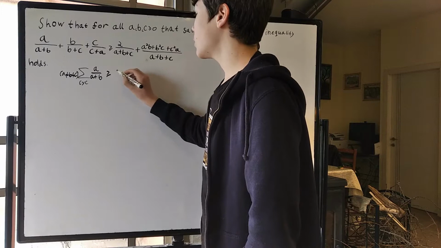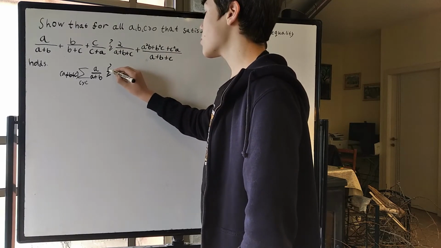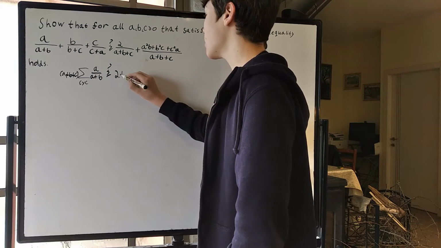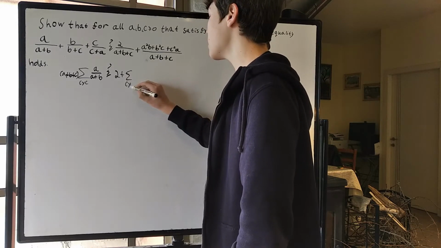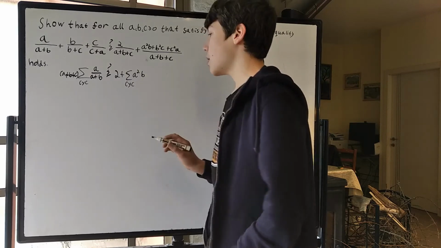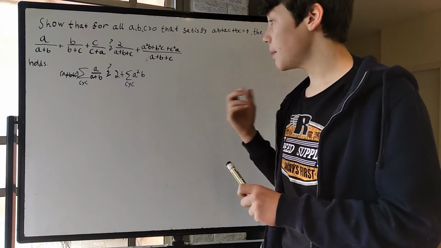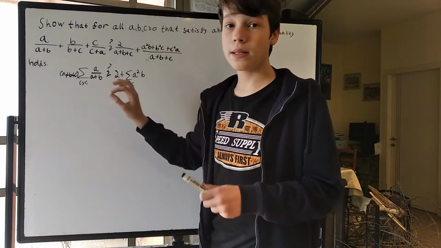And this, we want to show, so this is a question mark, that it's bigger than or equal to 2 plus the cyclic sum of A squared B. Now, because A plus B plus C is symmetric across A, B, and C, we can put it in the cyclic sum.